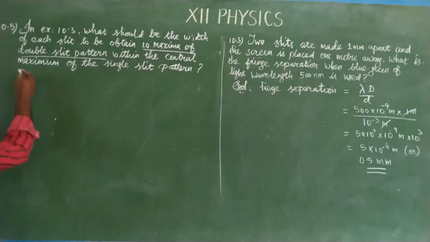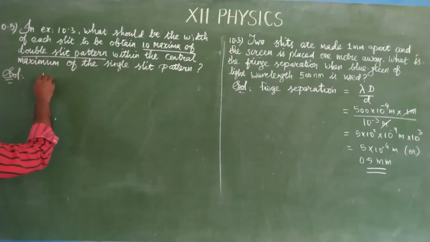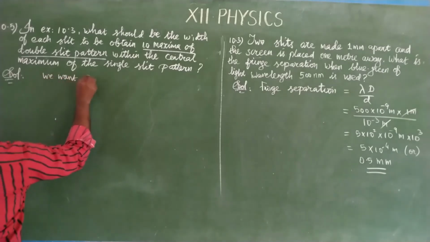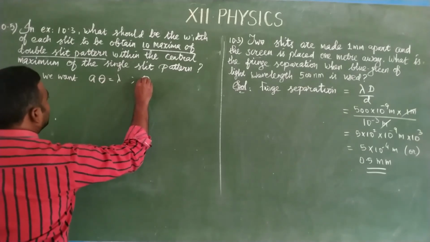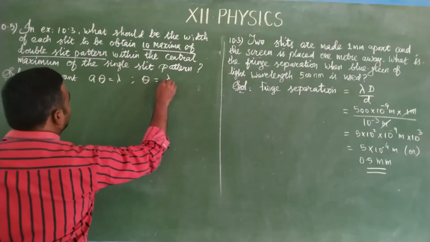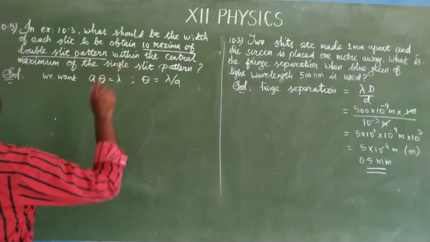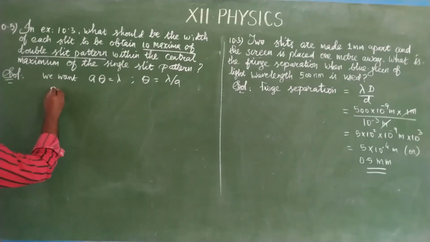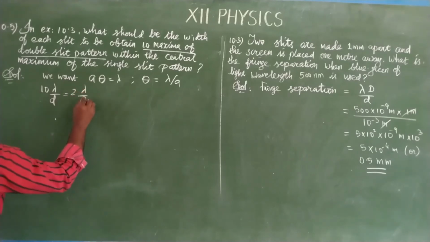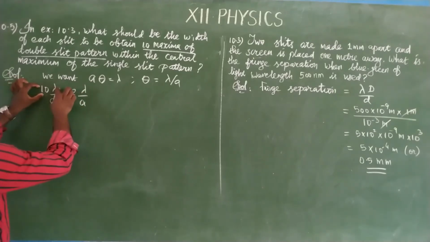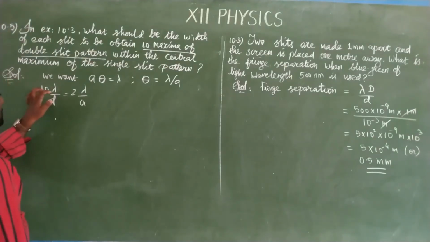So the solution. From the keyword, we want a sin theta equal to lambda, and theta is the angle, so theta equals lambda by a. To obtain 10 maxima of the double slit experiment, the angle is 10 lambda by d.